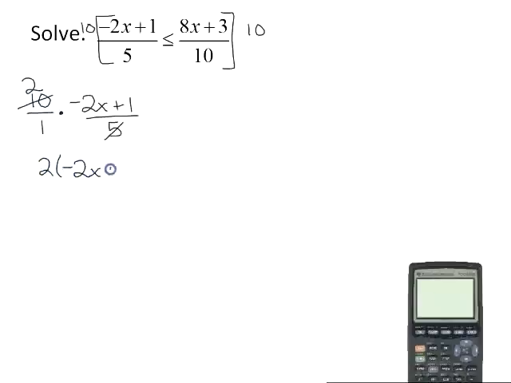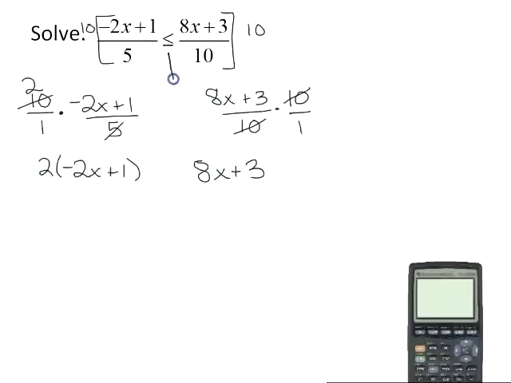So now I have 2 times the negative 2x plus 1. Now on the other side of the equation, I would have 8x plus 3 over 10 times 10 over 1. Well, there the 10's reduce away, so I have just 8x plus 3. Now I multiplied by a positive 10, so that means my inequality symbol is going to stay just like it is.